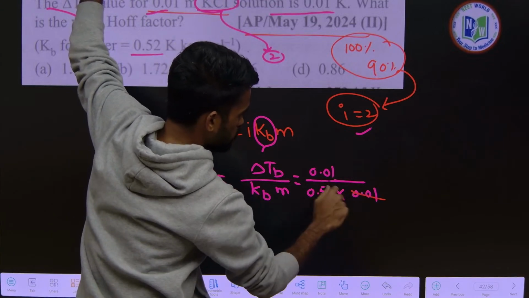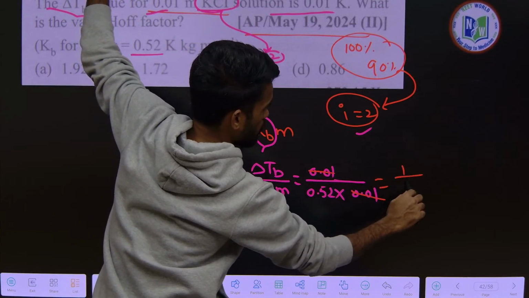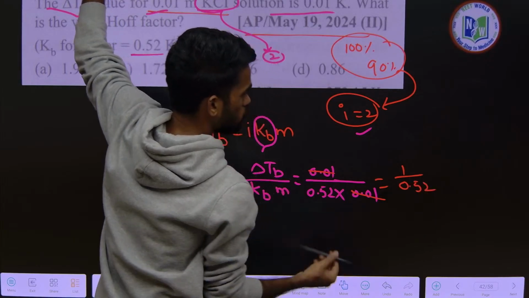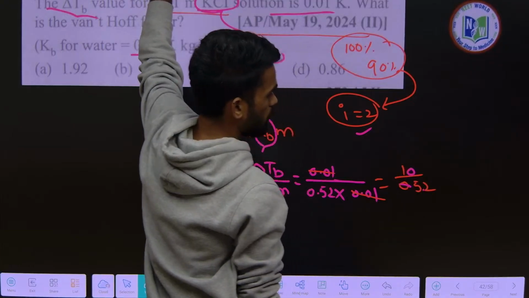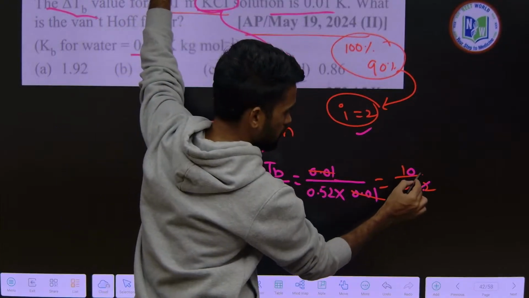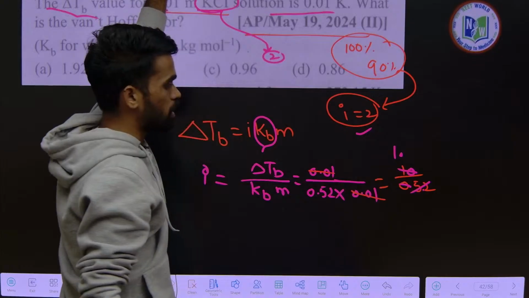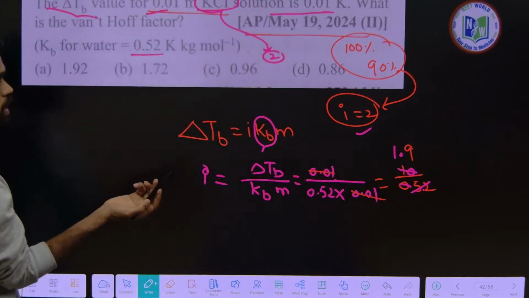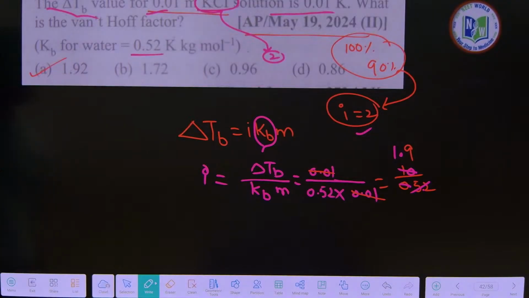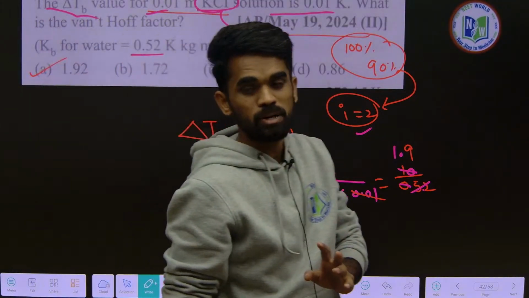These two terms are the same. We got 1 by 0.52, so this will be 10 by 5.2. It means this will be 1 time, and we have 4.8, it means 9 times, so 1.9. Where do we have 1.92? Yes, the first option will be the perfect answer for this particular question.